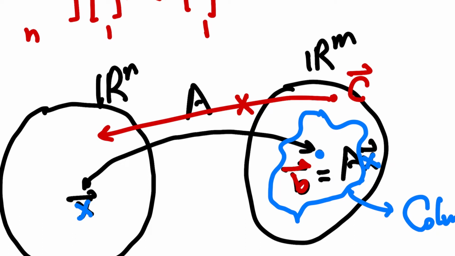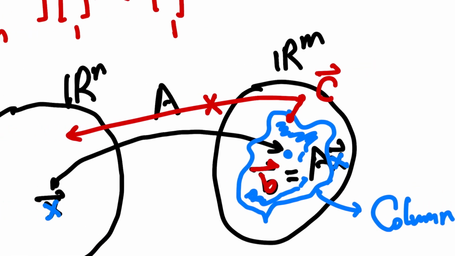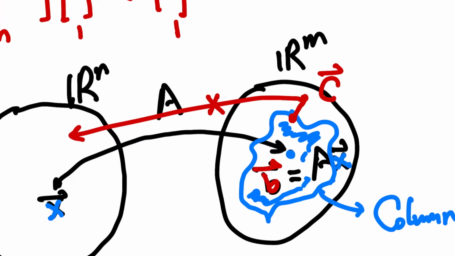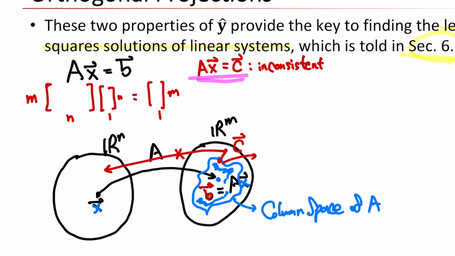Because the solution is only defined here, it means that if we can find the nearest point on the column space, this is the nearest point of c on W. W means the column space here.